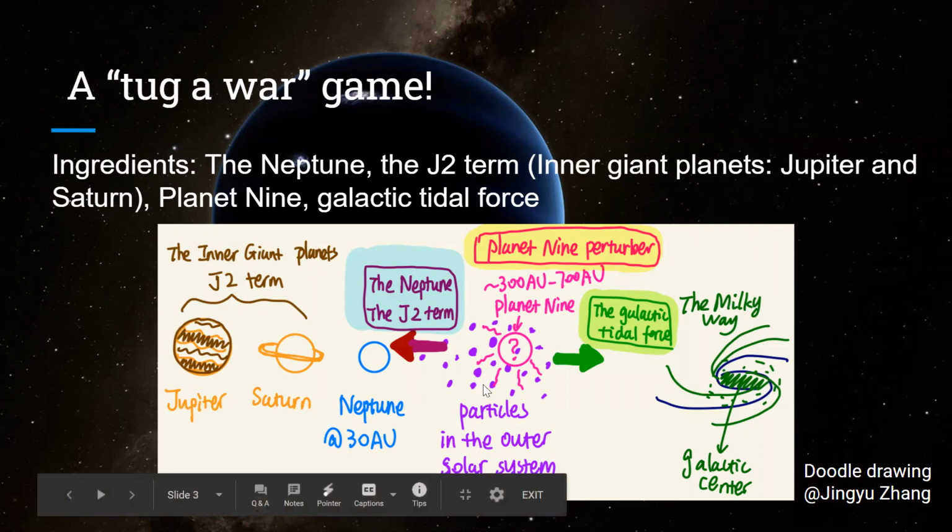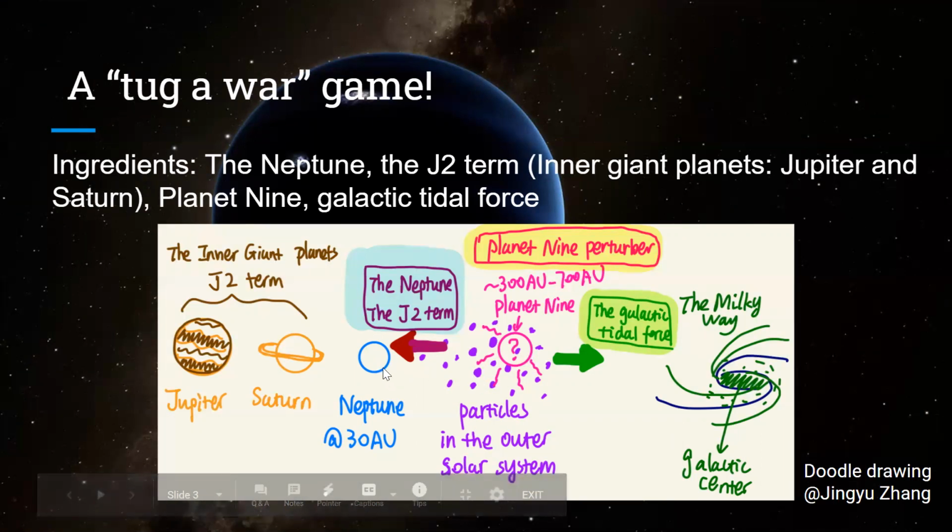You can see in my picture I drew some purple dots indicating the particles in the outer solar system, and the blue circle is Neptune, which is at 30 AU. Those two inner giant planets are Jupiter and Saturn, known as the J2 term in the simulation. And lastly, here I drew the galactic center, and here's our Milky Way.